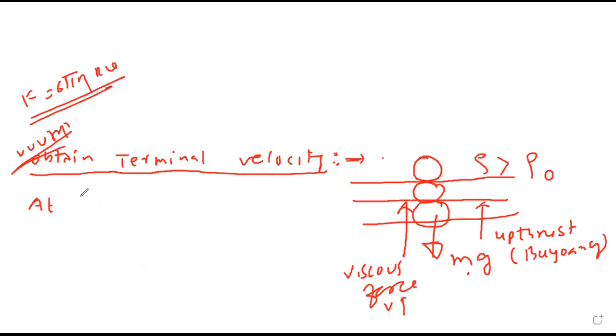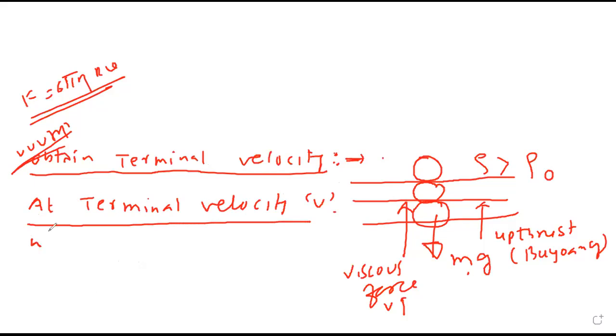At terminal velocity V, the weight of the body is balanced by upthrust plus viscous force.